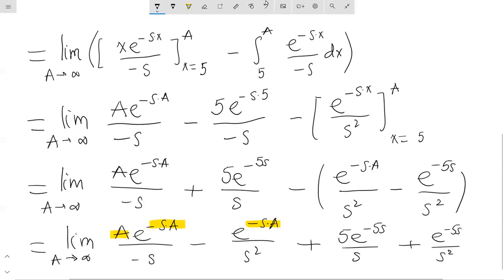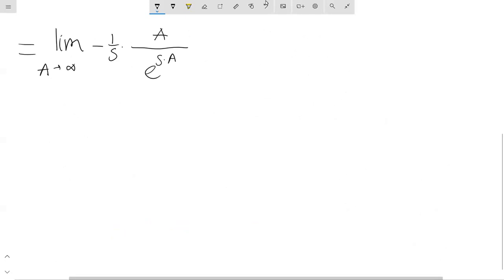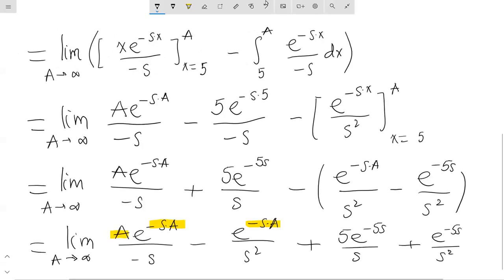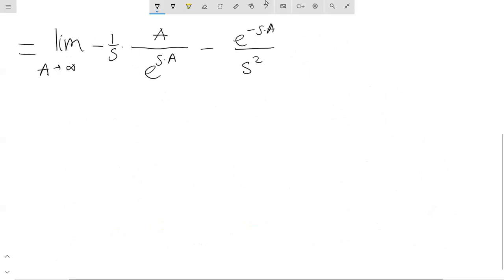And then here, we did that earlier, so we don't need to rewrite it: e to the minus sa over s squared. Now plus 5 e to the minus 5s over s plus e to the minus 5s over s squared.